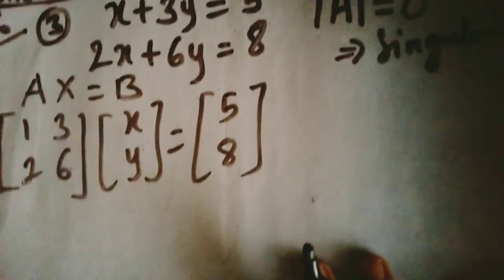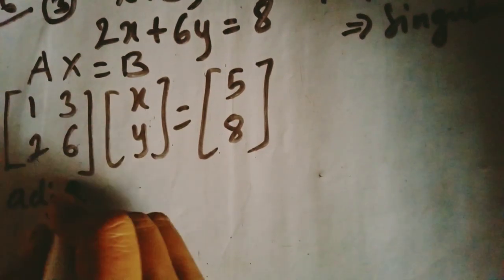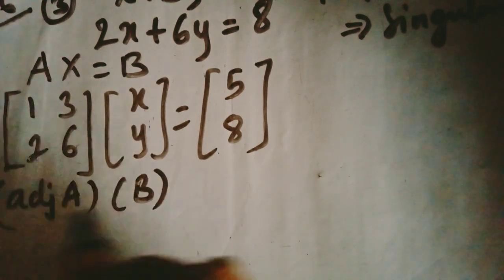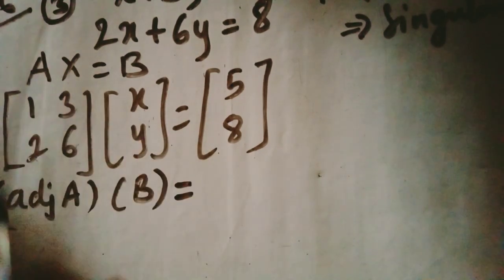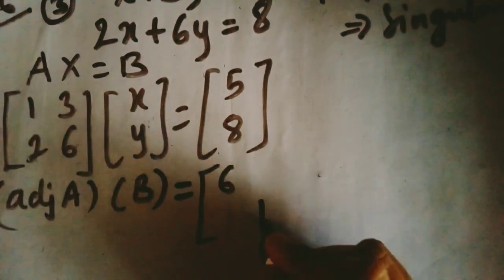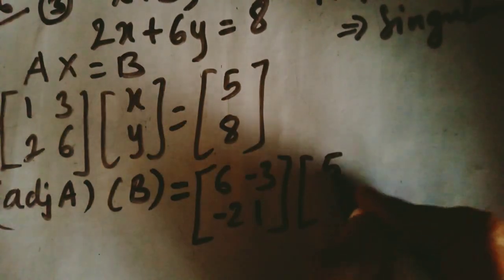Now check the adjoint of A into B. Adjoint of A, I'll write directly, changing the signs, multiplied by the B matrix.